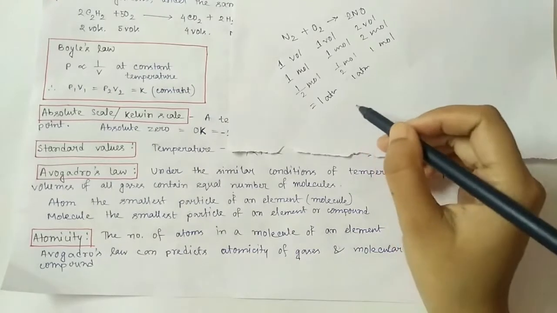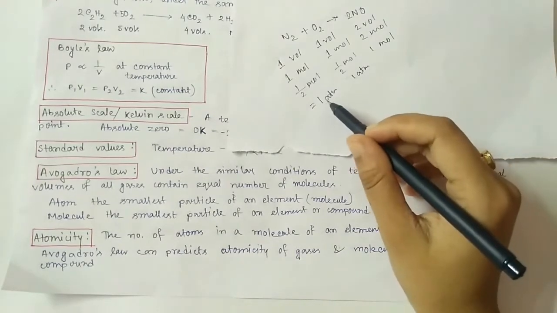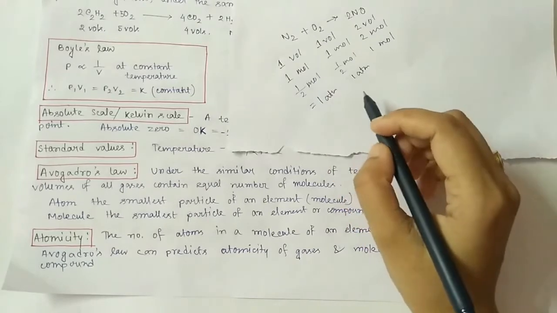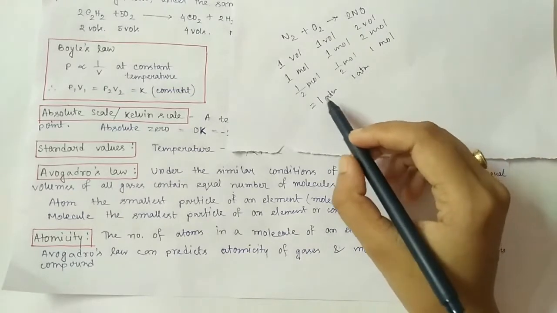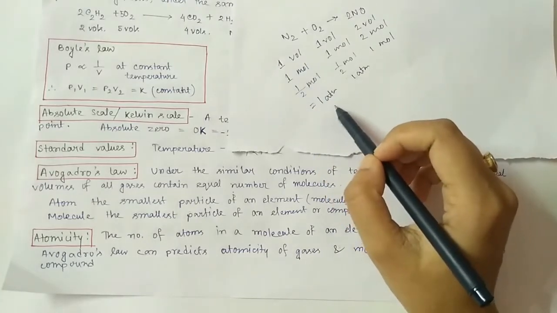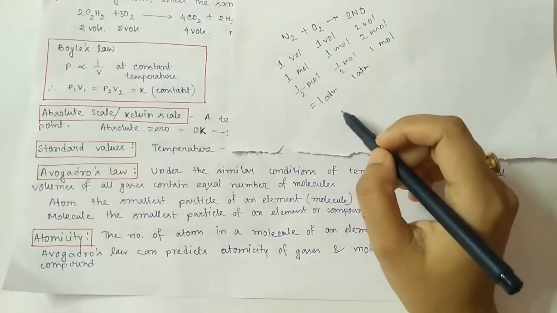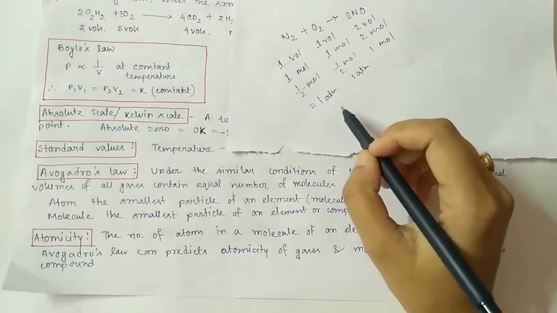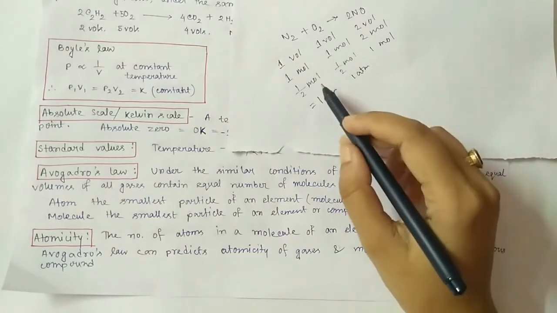So one molecule of nitrogen gas has two atoms of nitrogen, because half a molecule of nitrogen gas means one atom of nitrogen.